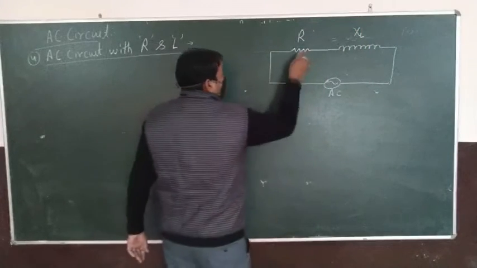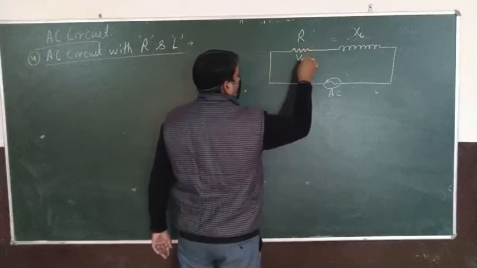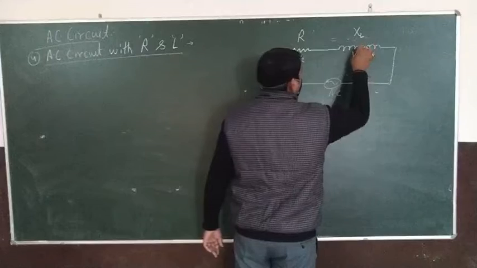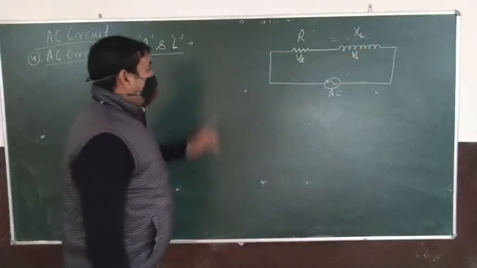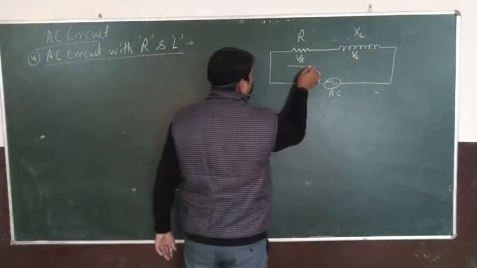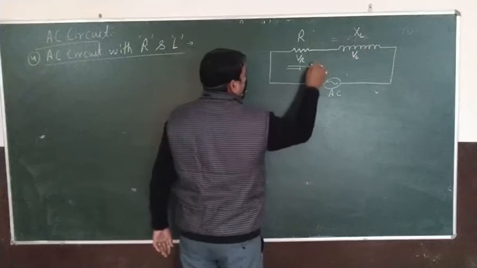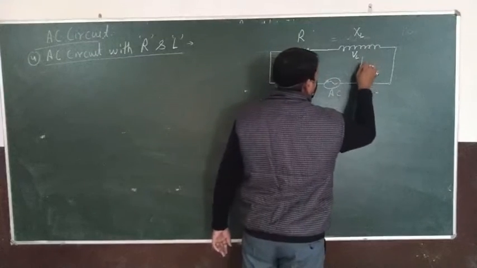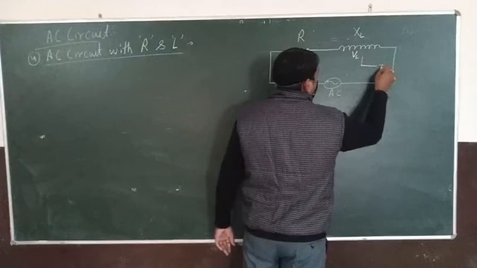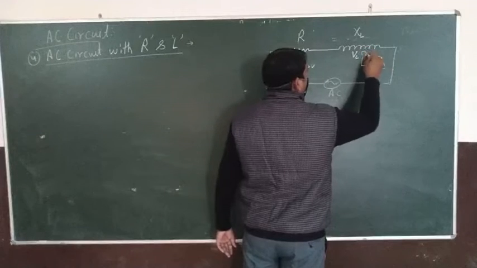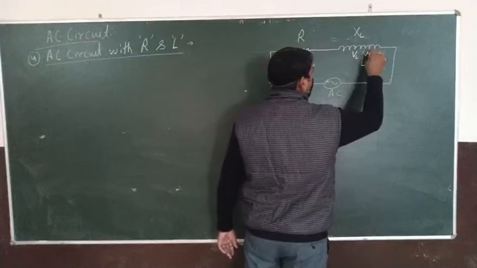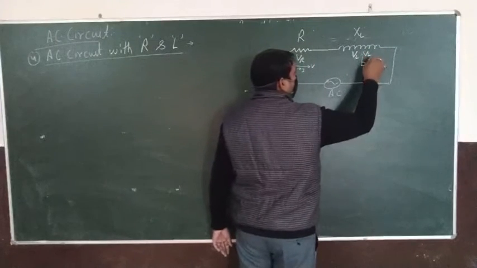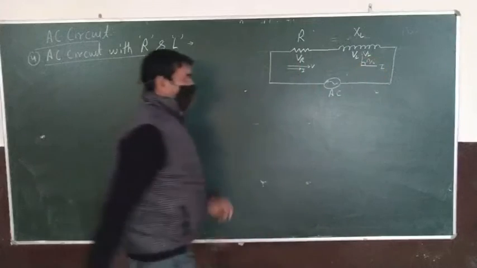Therefore the potential across resistance is VR and the potential across the inductance is VL. Okay, in the previous situation we learned that the current and voltage are in the same phase, but in the inductor the current lags behind the voltage by a phase of pi by 2. Clear? This is the voltage across and this is the phase difference pi by 2.